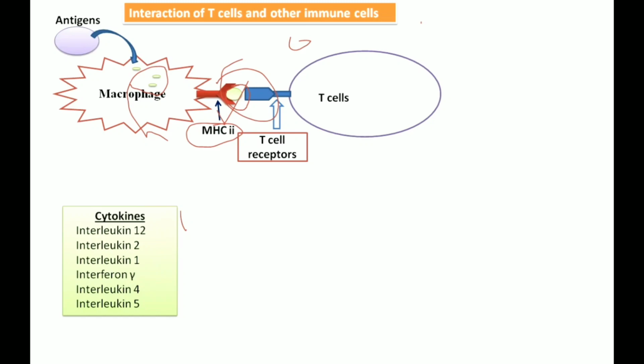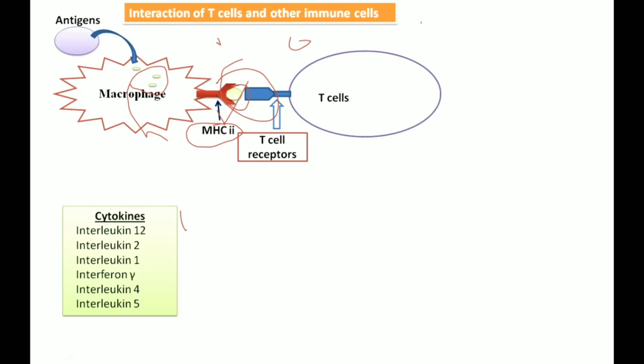There are different types of cytokines present: interleukin 1, interleukin 12, interferon gamma, interleukin 4 and 5, etc. When the macrophage and the T cell find a proper interaction, and find an antigen, the macrophage starts to release cytokines, and the cytokine that comes into action is interleukin 12.